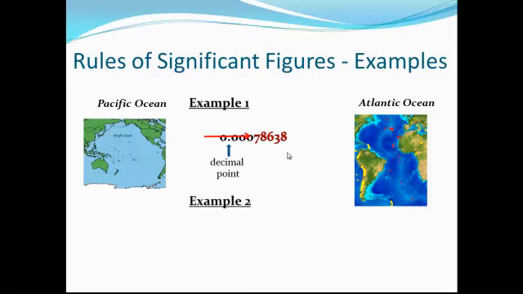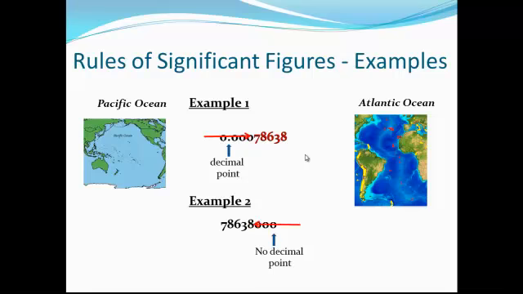Okay, so let's take a look at example number 2. In this case we have 7863800, essentially 78,638,000. Step number 1, do you have a decimal point? The answer is no. Now you move from the Atlantic Ocean to the Pacific Ocean, from right to left.